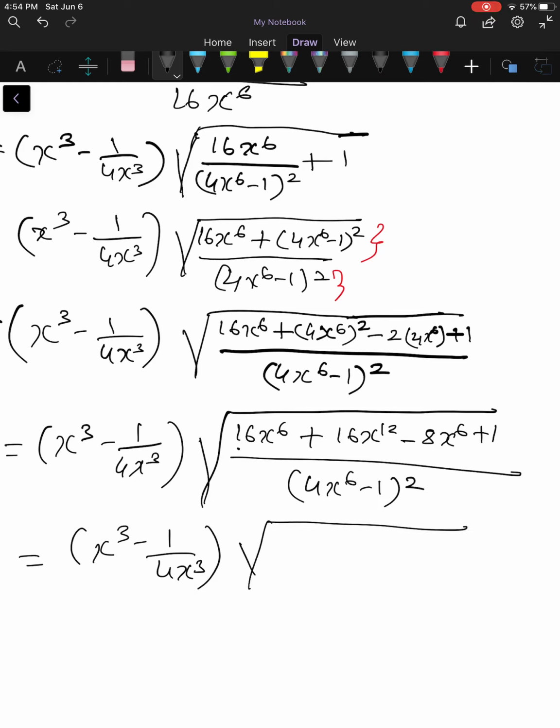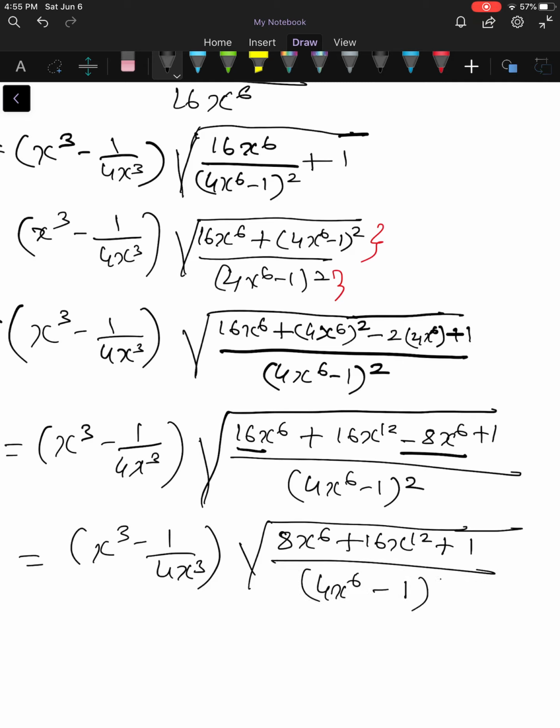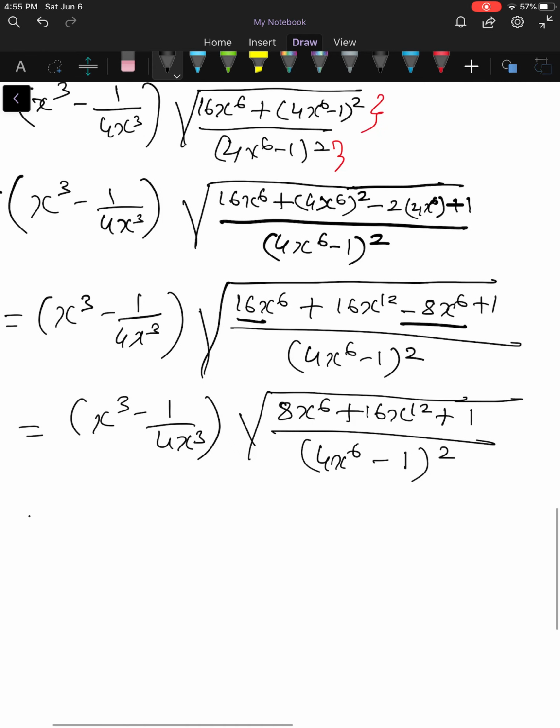Let's see what happens. 16x⁶ and minus 8x⁶ are like terms. So that gives us 8x⁶ plus 16x¹² plus 1 divided by (4x⁶ - 1)².